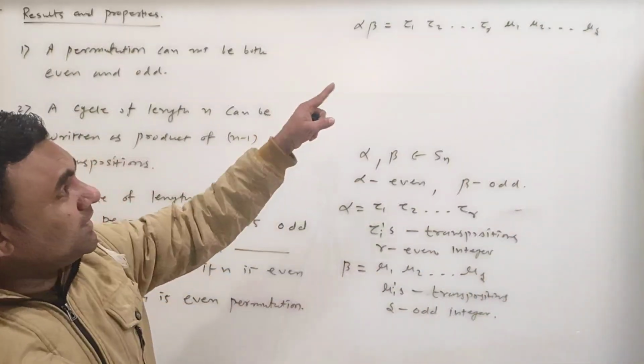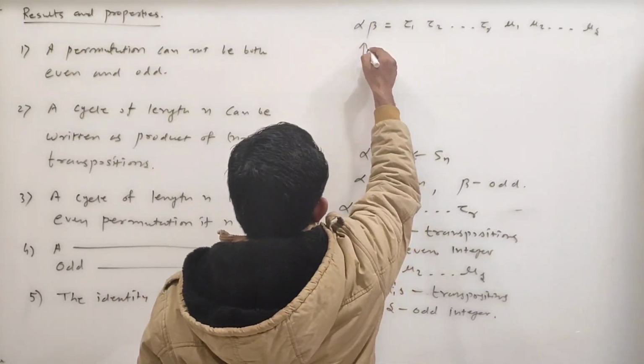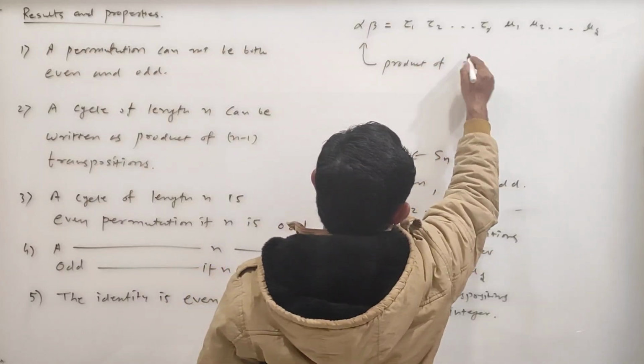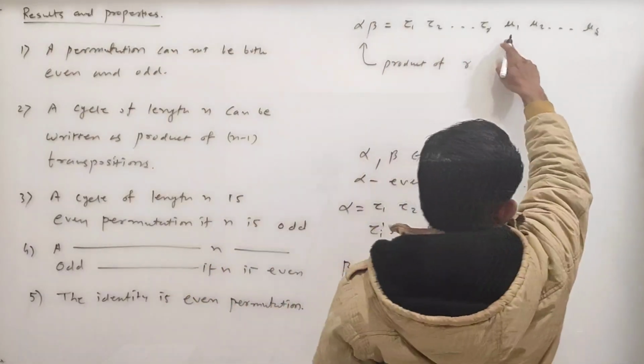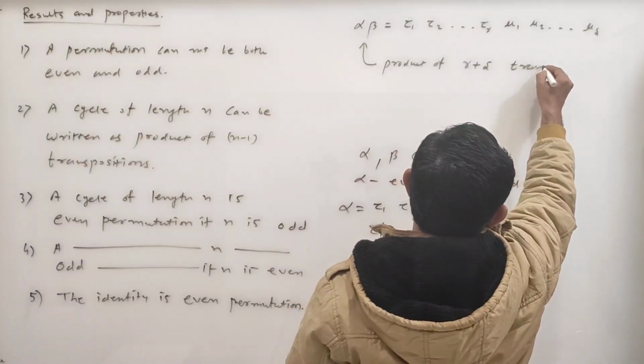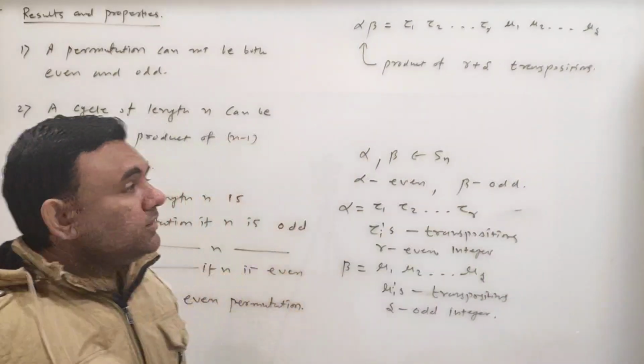So alpha into beta is a product of r transpositions and s transpositions, so r plus s transpositions, right?